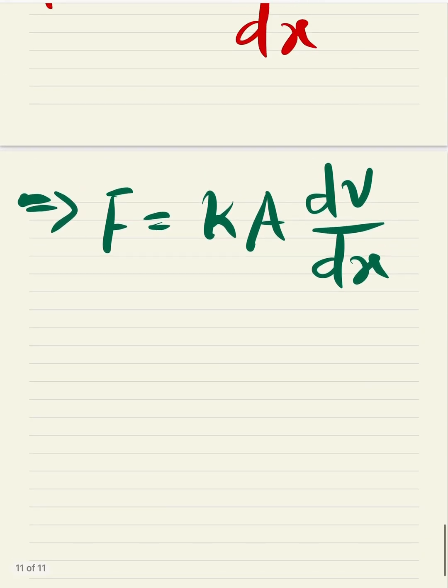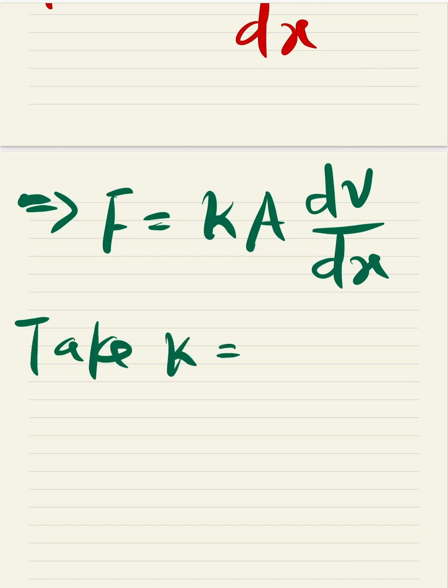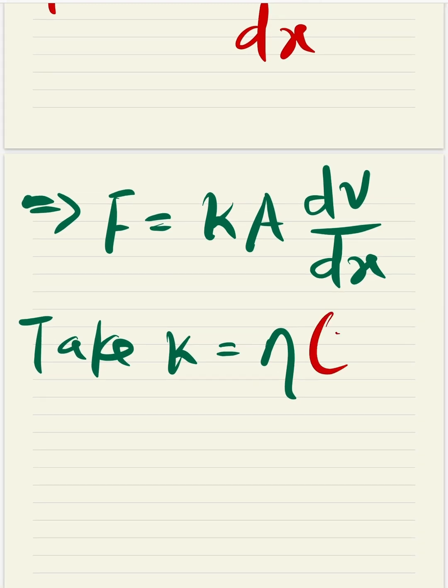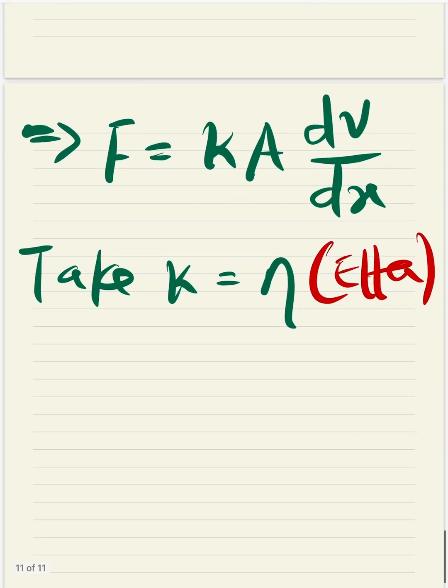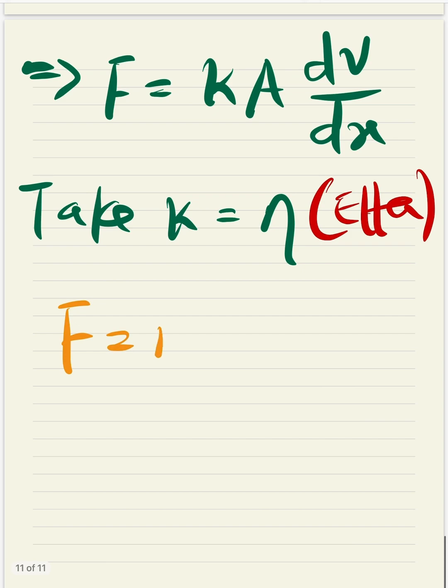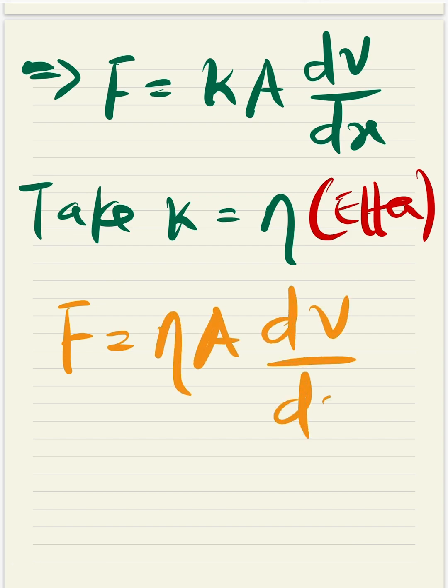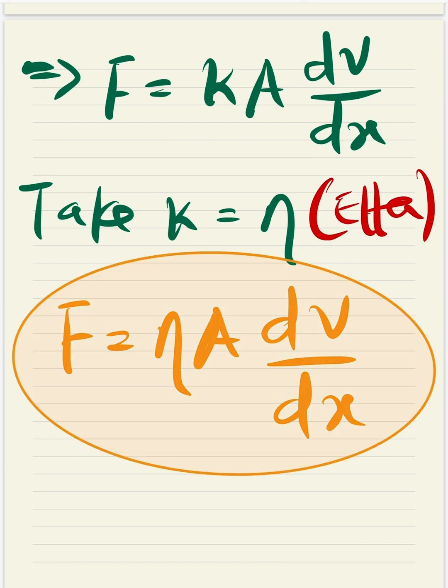It has been proven that k is taken as eta. So if you rewrite that, F equals eta A dV over dx. This is what you are going to have.